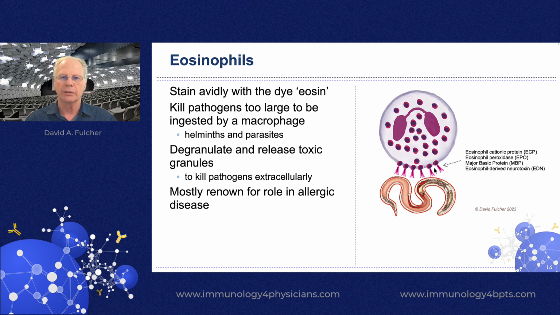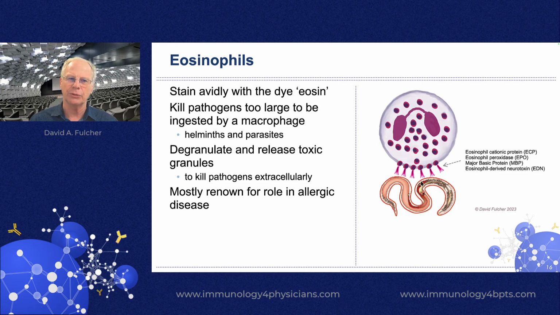Eosinophils. They stain with eosin, hence the name. And basically the claim to fame for eosinophils, they do a fair bit, but the reason why we think they're there is because they are good at trying to kill a pathogen that's too big to get in a macrophage. So things like worms and helminths, parasites that you can't just get inside a cell.